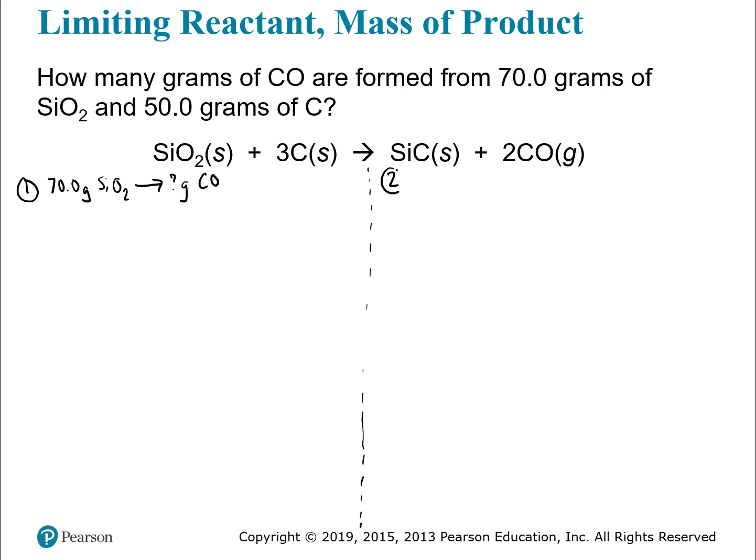The second question is if we had 50 grams of carbon, how much carbon monoxide would we make? Once we answer these two questions, we can figure out which one is the limiting reactant, which will determine how much product we make.